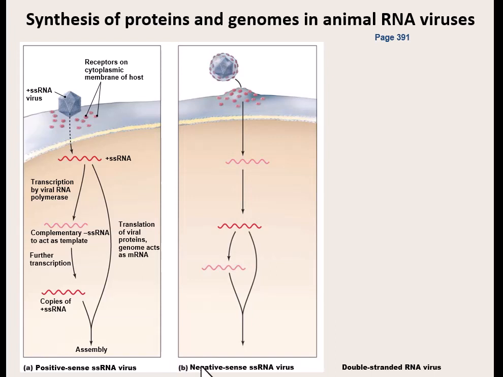Negative sense. If a virus has the opposite strand, it doesn't have the positive strand. A ribosome cannot recognize the negative strand. And so the very first thing that cell is going to have to do, one, it does still have to make negative sense single-stranded RNAs, and to be able to make a negative strand, we have to make a template. And what's the opposite of negative? Positive. And so the cell will first make the template, which is going to be the positive strand.